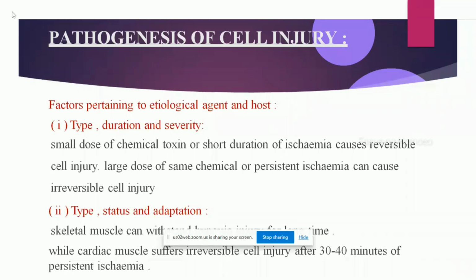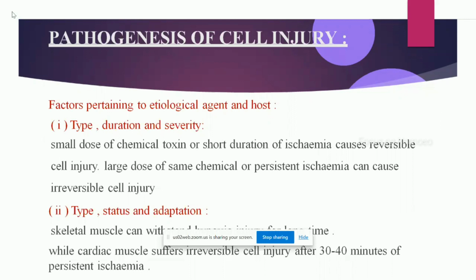But a larger dose of the same chemical or persistent ischemia can cause irreversible cell injury.